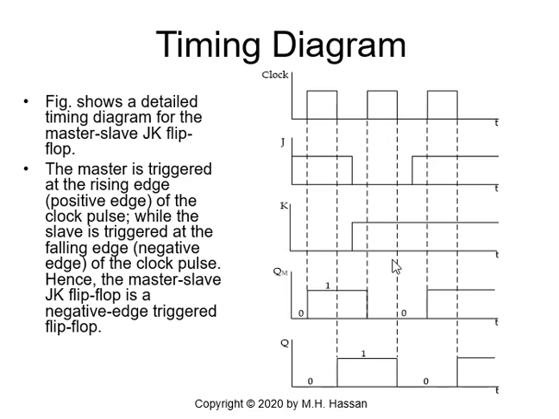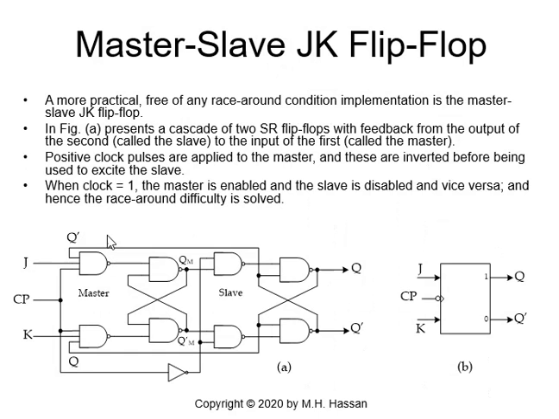So we are in the reset mode. So Q will change state from 1 to 0 at the negative edge, and so on and so forth. So we check at every edge, and as a whole, the master-slave flip-flop will be negative edge triggered, and this is why we have the small circle at the clock pulse input to indicate that this is a negative edge triggered flip-flop.